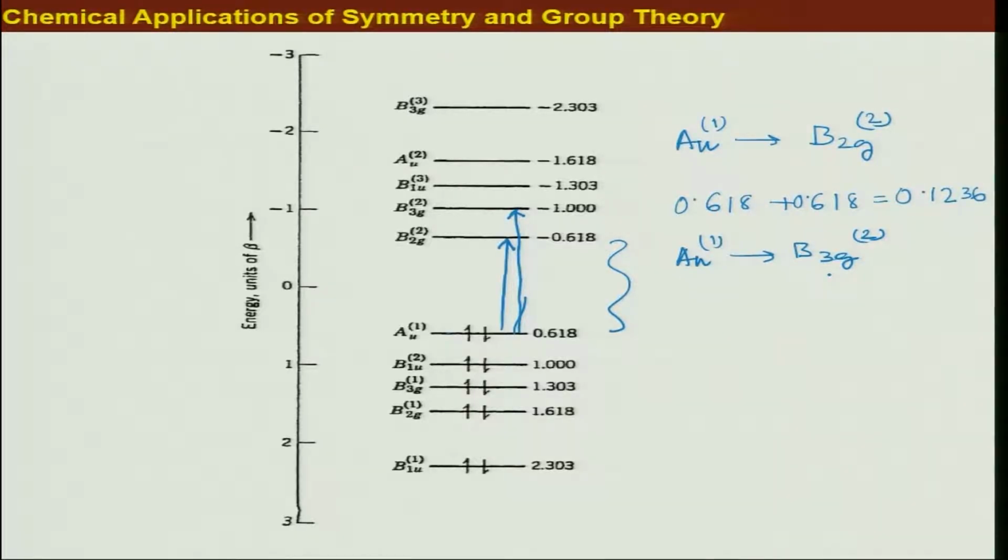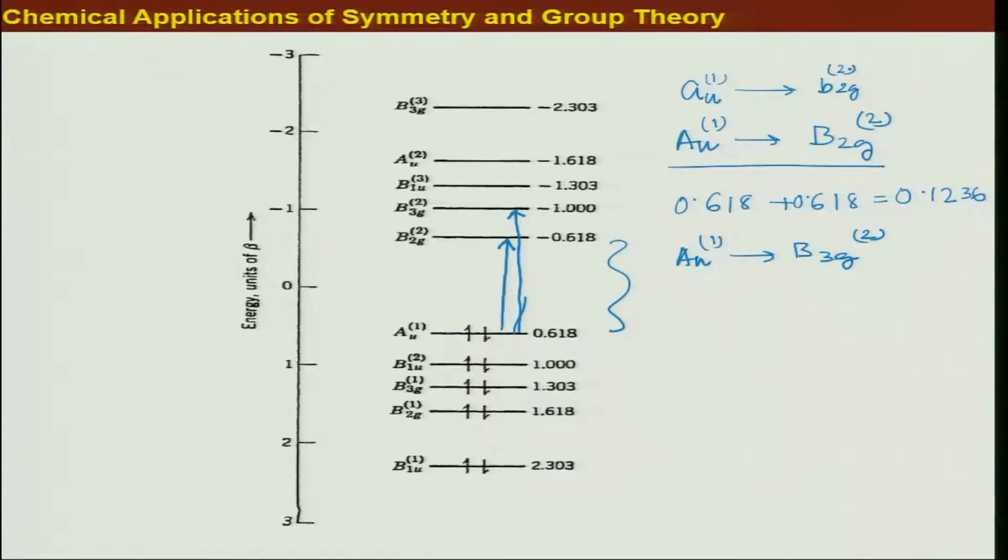So mostly what we actually do, instead of writing them as capital AU, it's preferred that one writes this in terms of small letters. So actually, if I want to write this one in a proper way, I should write au to b2g.